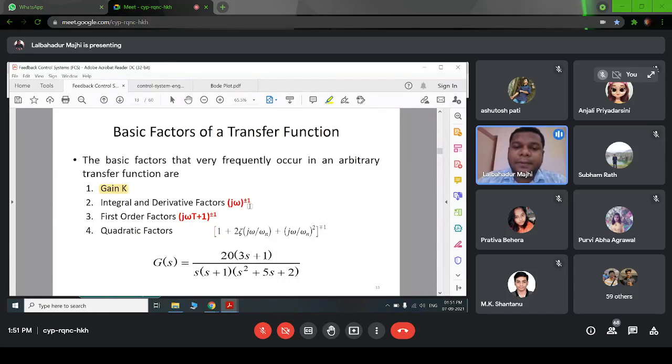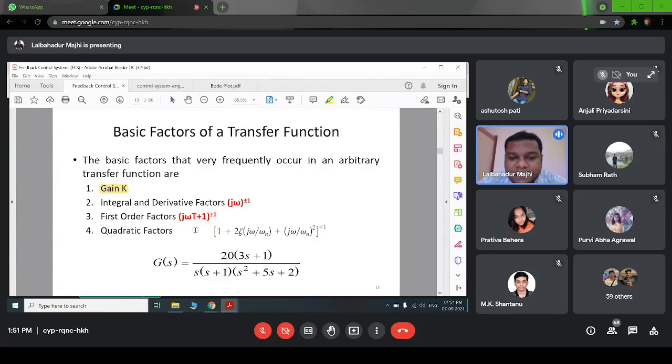If it is s to the power plus 1, then it will be a derivative factor, and if it is 1 by s, then it will be an integral factor. 1 by s means a pole at the origin, and s means a zero at the origin. So if there is a pole at the origin, it will be an integral factor, and a zero at the origin will be a derivative factor.